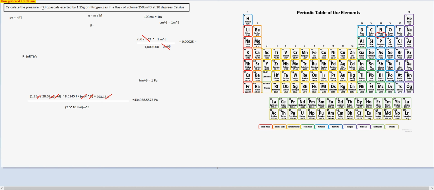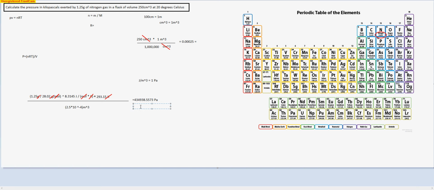Now if you look, it says kilopascals, so there's 1,000 pascals in a kilopascal. Sorry if I'm saying that wrong. So we're going to move this decimal place over 3 times, 1, 2, 3. And we're left with 434.938 kilopascals.